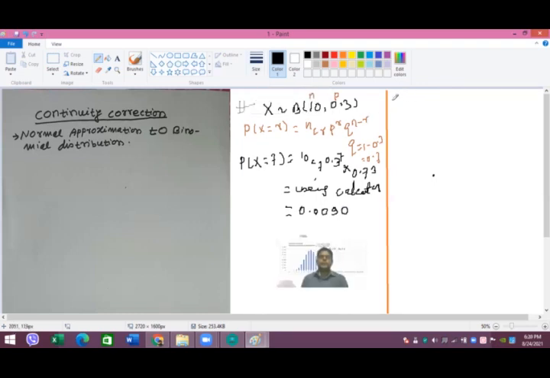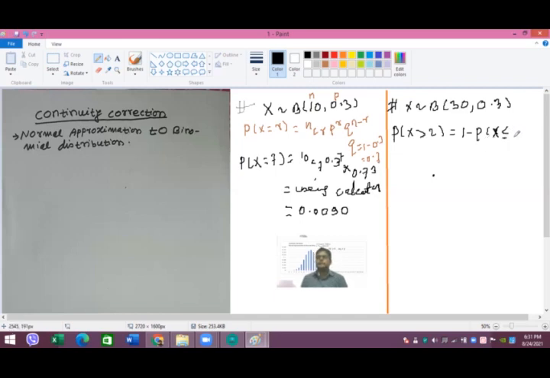Suppose another example where x follows binomial distribution with parameters n and p, where n is 30 and p is again 0.3. If you are interested in finding the probability that x is bigger than 2 out of 30 trials, what idea can you apply here? 1 minus P(x less than or equal to 2). I hope you have knowledge of this complementary theorem of probability that we have already used before.